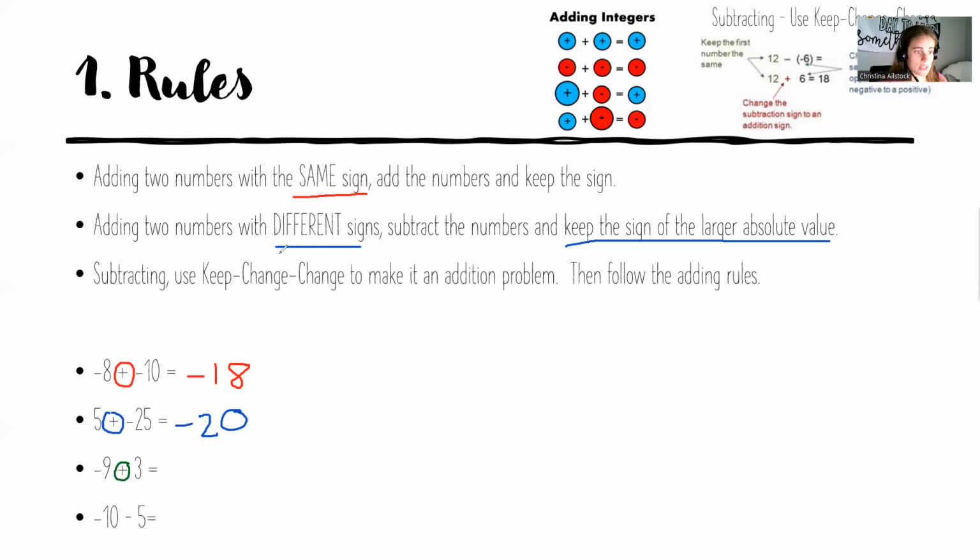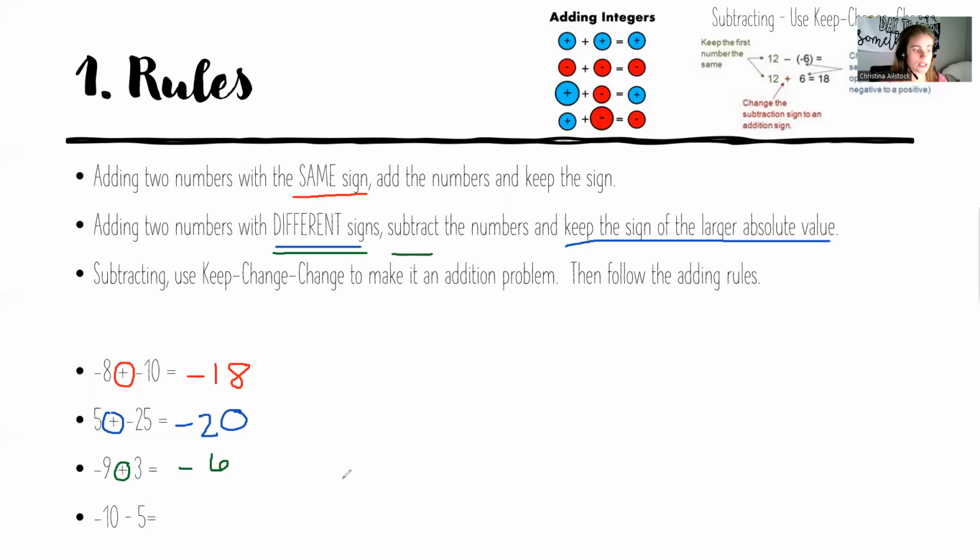So because they have different signs, remember to subtract your numbers. 9 minus 3 is 6. And then we are going to keep the sign of the larger absolute value. Well, between 9 and 3, 9 is larger and 9 is negative, meaning our answer would be a -6.